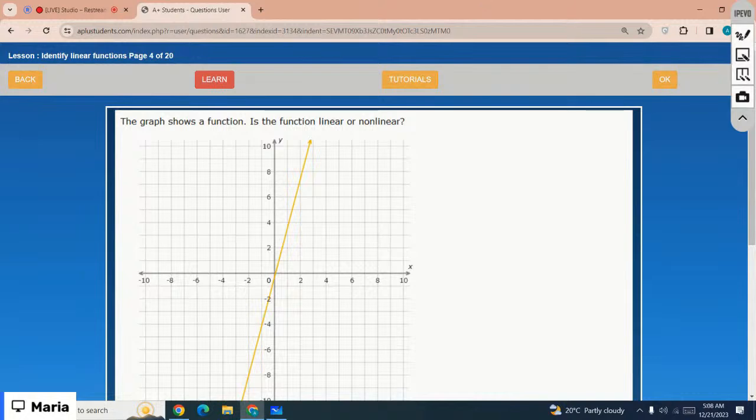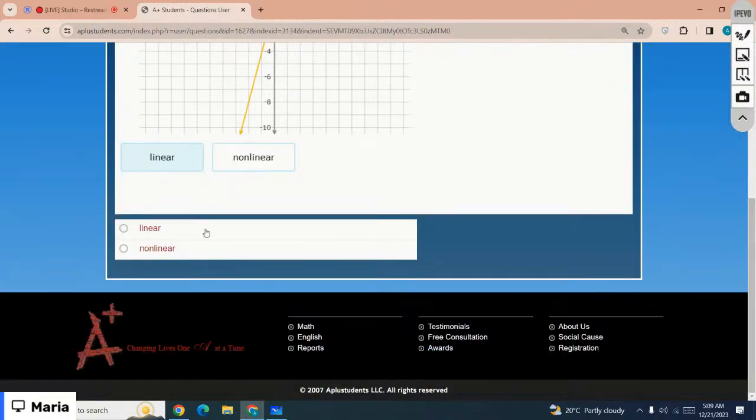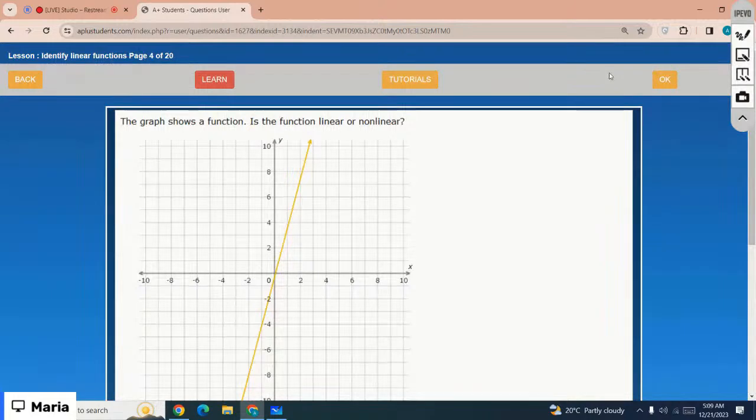The graph shows a function. Is the function linear or non-linear? Yes, that is a linear function because the graph is a straight line. So the correct option is linear. Very good.